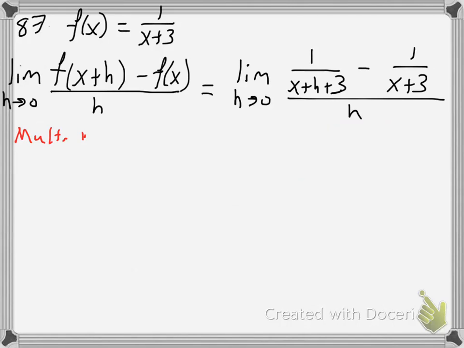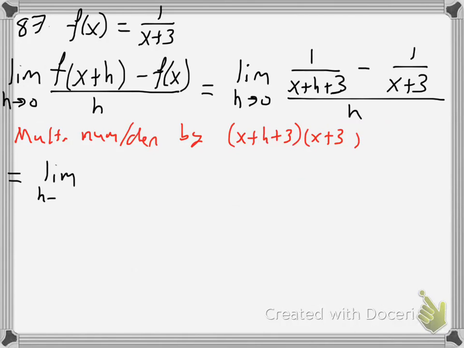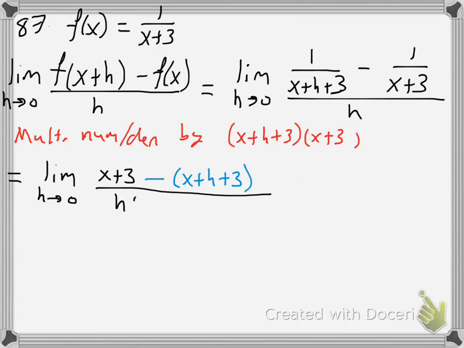We're going to multiply both the numerator and the denominator of this fraction by x plus h plus 3 times x plus 3. What happens there is we'll have x plus 3 minus x plus h plus 3. If you did the correct fraction busting, that's what you would get.